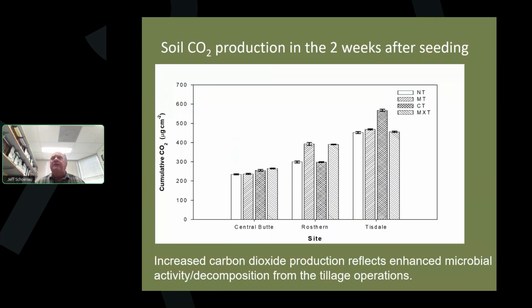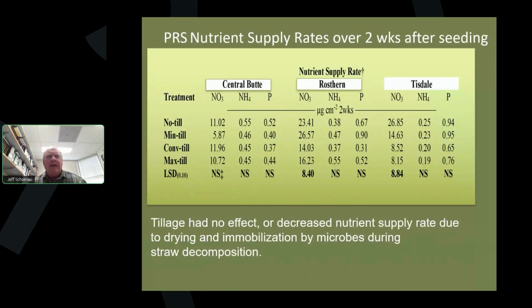As one would expect from a tillage operation, incorporating that residue into the soil, increasing the contact with the microbial population, and also breaking down those soil aggregates and exposing the organic matter in them to that microbial activity or decomposition.